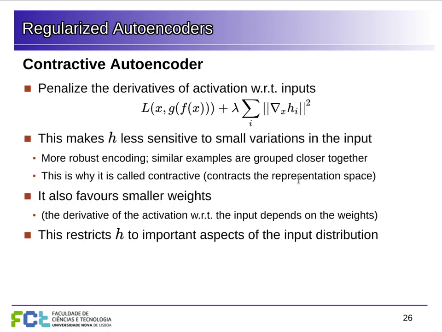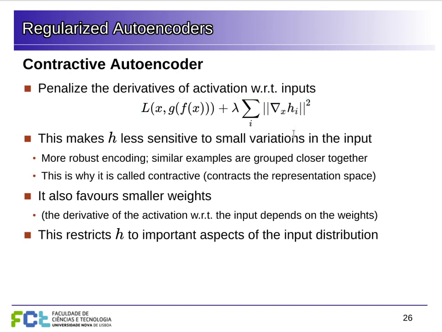A different approach that is related to this one is the contractive autoencoder. So here we have the loss function at the same time. So this is the same loss function reconstructing the example x from x itself. So this is x, this is the output of the autoencoder, and the difference between the two must be as close to 0 as possible. But we also add a regularization factor here with some weight lambda, that is the sum of the squared derivatives of our hidden representation with respect to the inputs.